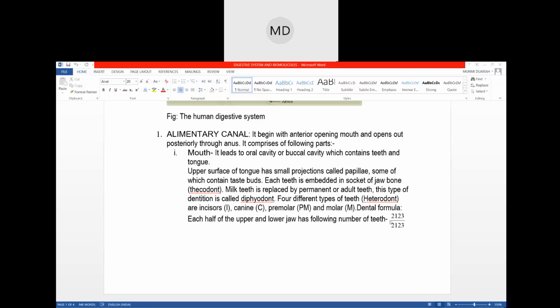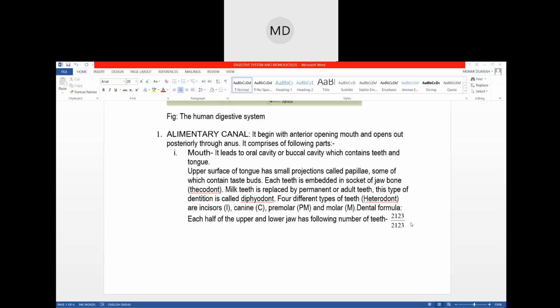Take the upper jaw: the first 4 teeth in the middle are incisors. Next, on each side there is 1, that side also 1, and that is the canine.